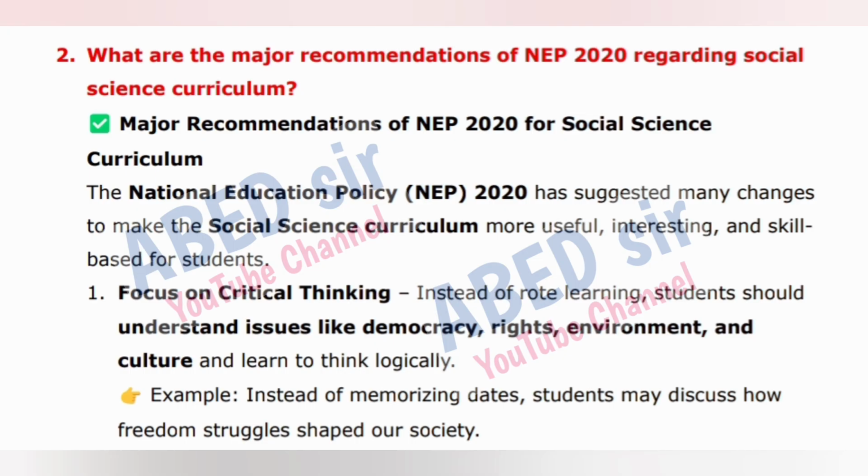Focus on critical thinking instead of rote learning. Students should understand issues like democracy, rights, environment, and culture and learn to think logically. Example: instead of memorizing dates, students may discuss how freedom struggles shaped our society.